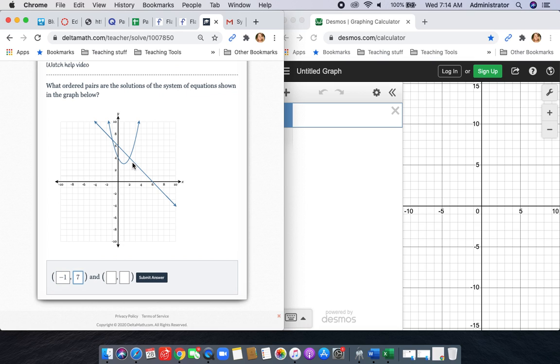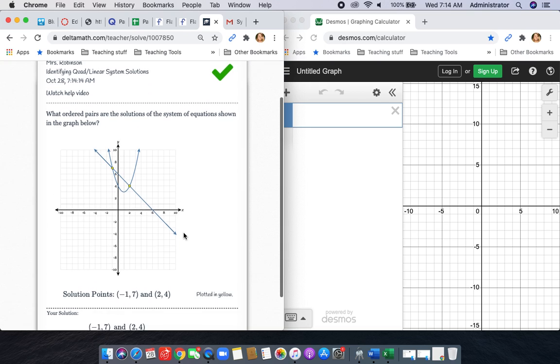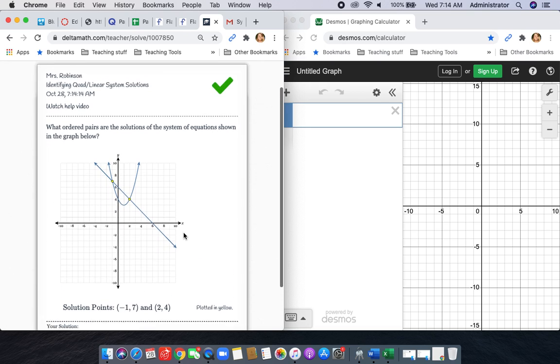And they also intersect right here at 2, 4. And that's all I have to do, guys. We're going to list the points of intersection. That's it. Here, this would be a quadratic linear system because we have a parabola intersected by a line. All right? That's literally all there is to it, okay?